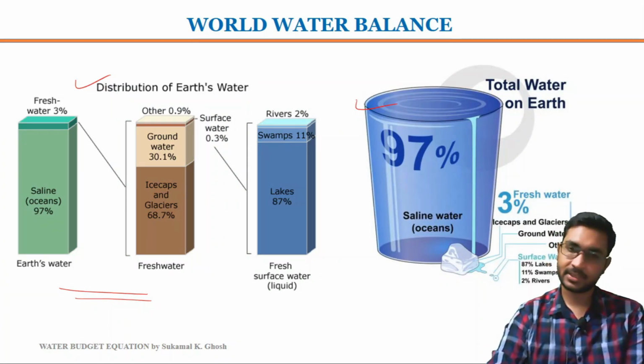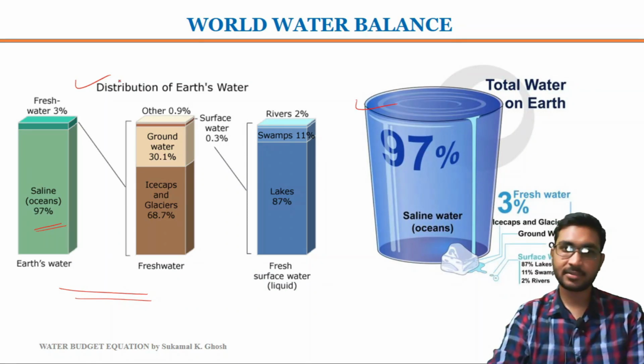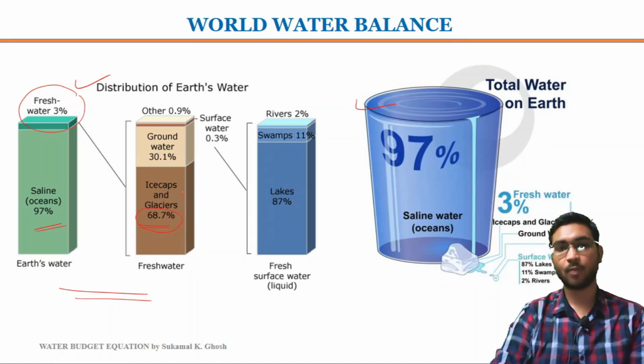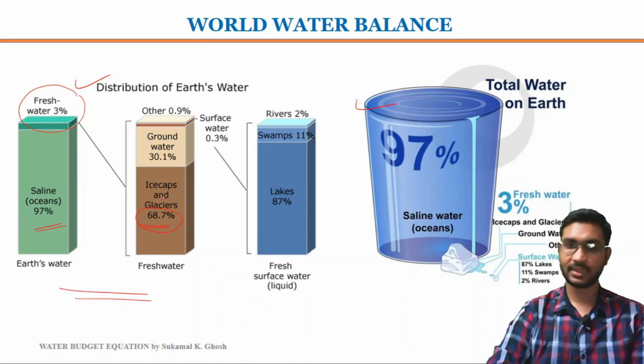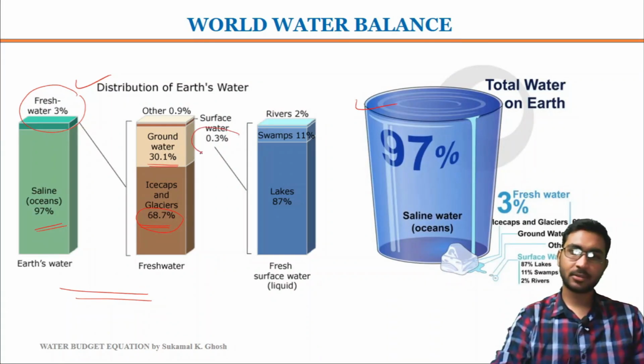From this data you may observe that from the 100% water of the world, 97% is saline water and only 3% is fresh water, and from that 3% of fresh water, 68.7% is in the form of ice and glacier, 30.1% is groundwater, and only 0.3% is surface water.